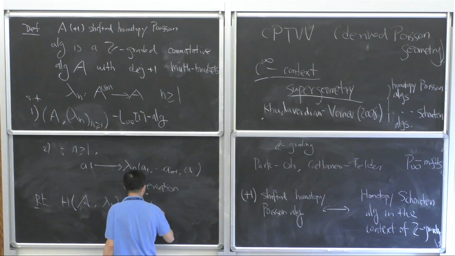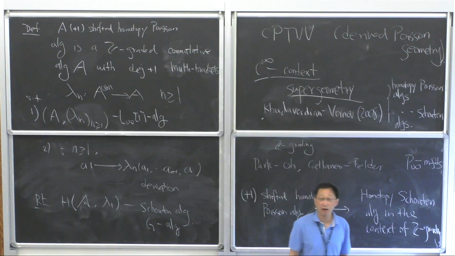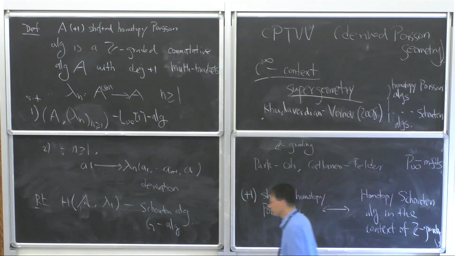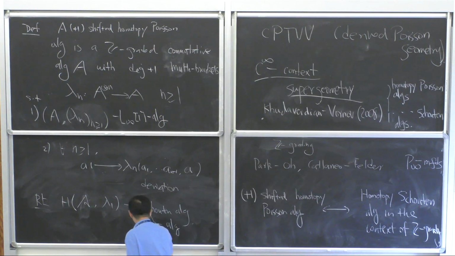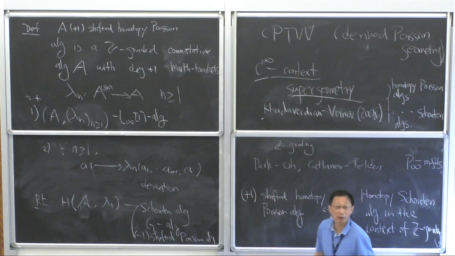Either you call it a Schouten algebra, or you call it a Gerstenhaber algebra, or you call it a minus one shifted Poisson algebra. It's all the same thing once you're taking cohomology.